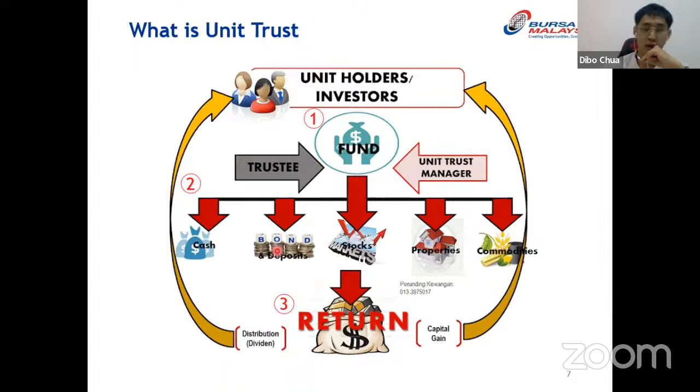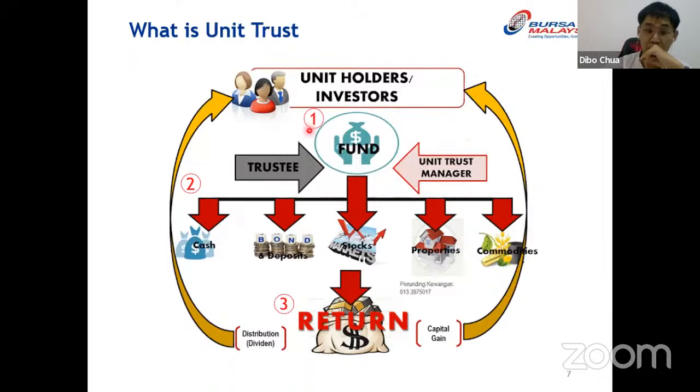First of all, all of us don't really have the time, the effort, or the energy. We pull our funds together, maybe like 100 million, and we give it to the trustee. The trustee holds the cash and gives it to the so-called unit trust manager, who is the professional.